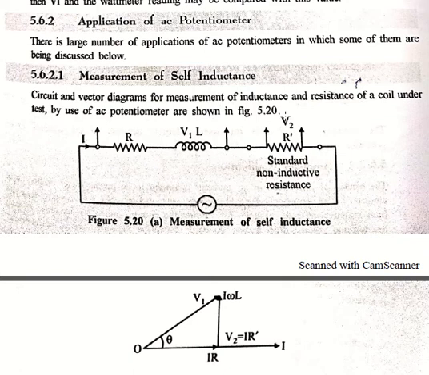There are two connections, across these two points and these two points. For this we'll use a double throw switch of the AC potentiometer to measure the voltage drop across the coil and the voltage drop across this standard non-inductive resistance. The value of this standard non-inductive resistance is known. So by measuring these two voltages we'll know the value of our self-inductance.